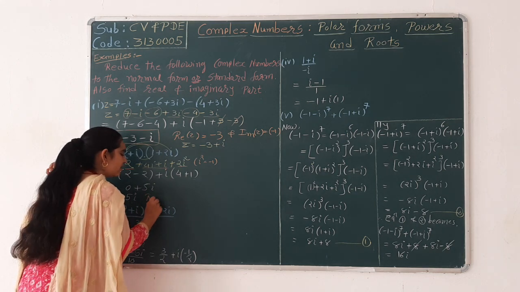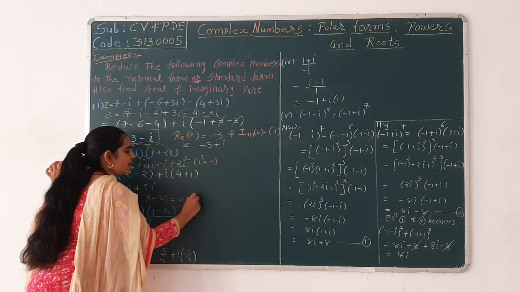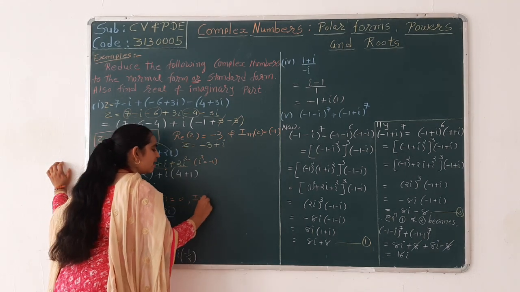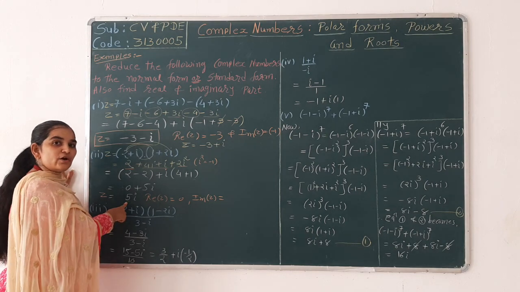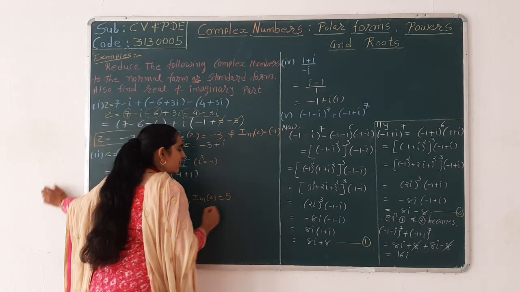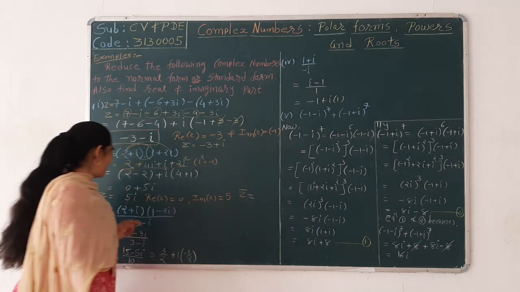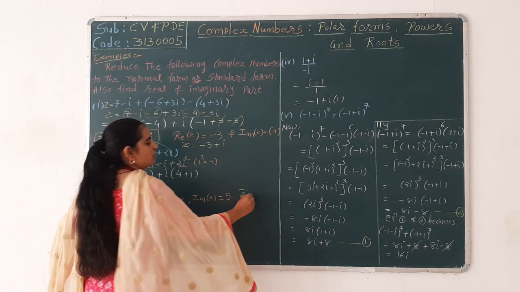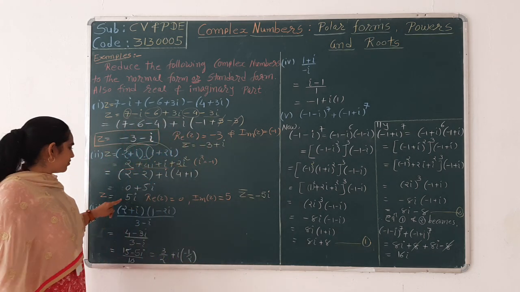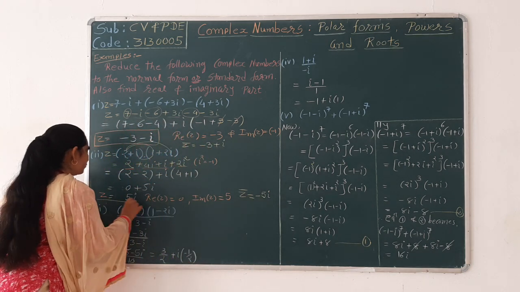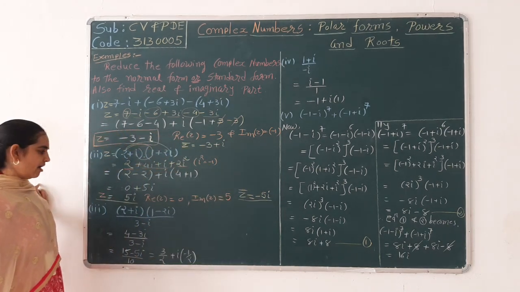Here the real part of Z is equal to 0 and the imaginary part of Z, that means the coefficient of I, is equal to 5. The complex conjugate Z bar is equal to minus 5I.